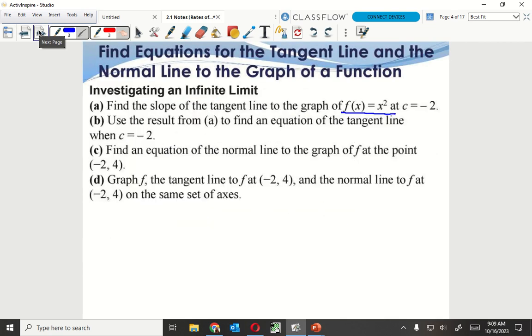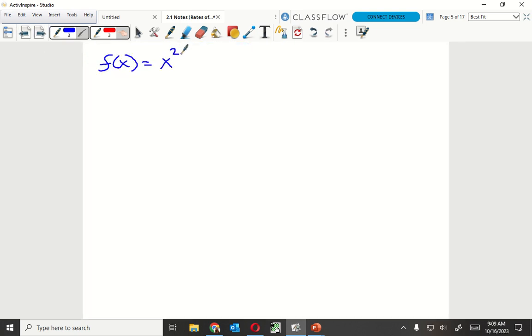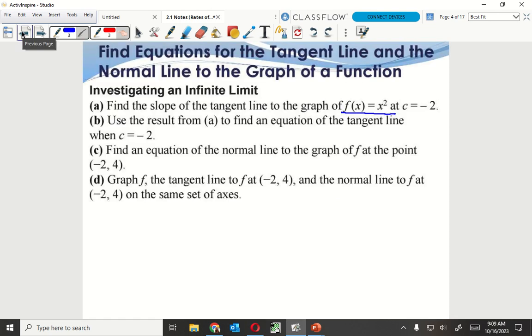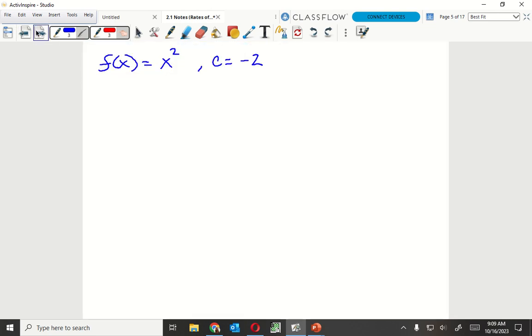Yeah, x squared, and c is -2. Find the slope. So we're going to use the limit process to find this right here. So using the limit process, I'm going to find that out.